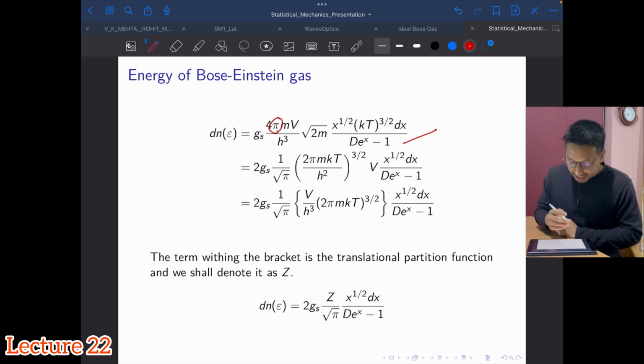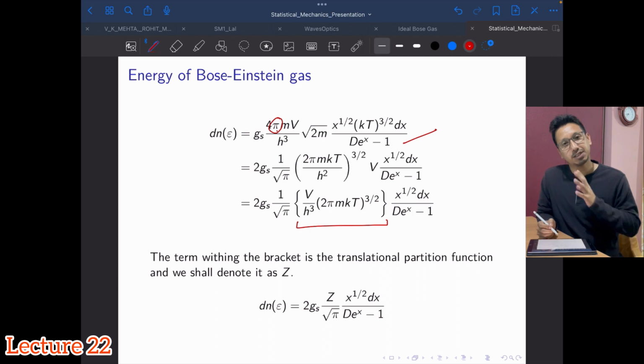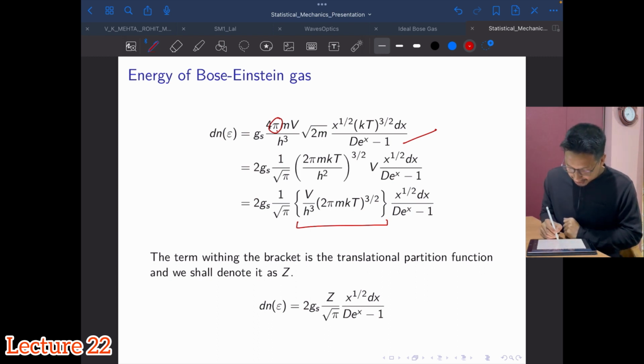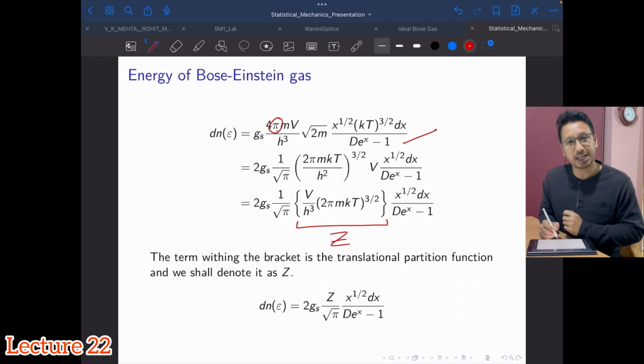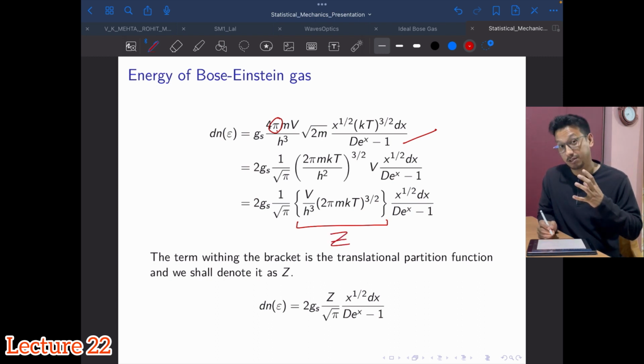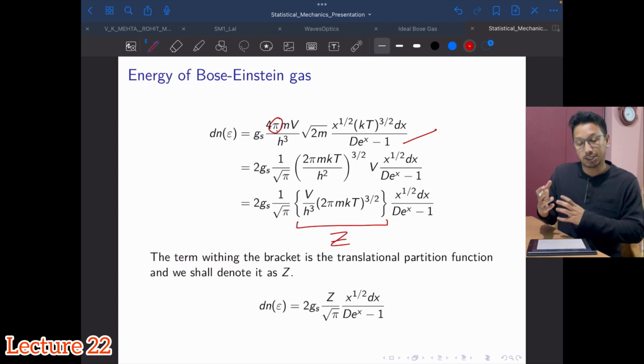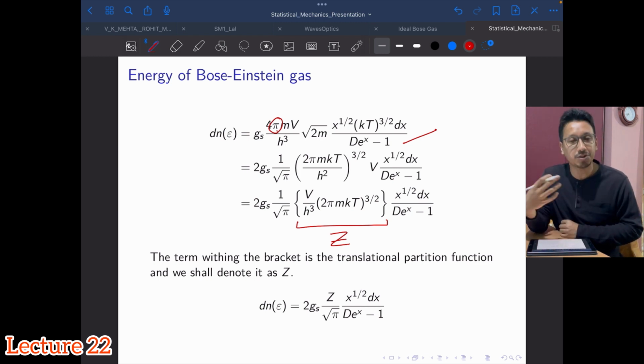So if I rearrange again, you will see that this term in the bracket must be familiar to all of us. How? While trying to derive the expression for the partition function in the continuous variable, we got this expression.